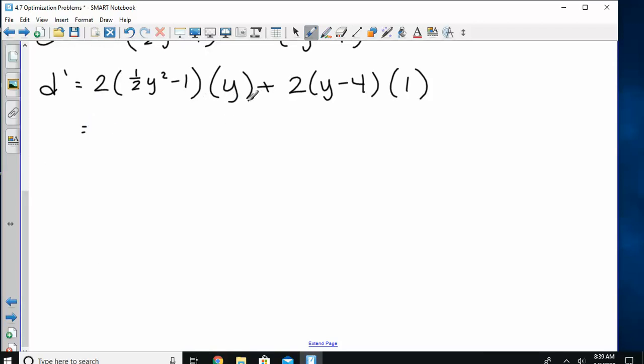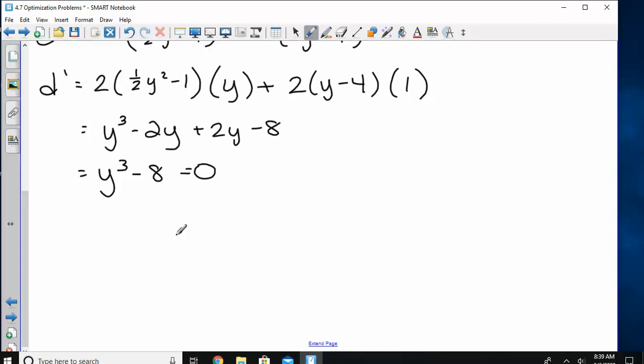So if I distribute a 2 and a y through this, I get y cubed minus 2y plus 2y minus 8. So y cubed minus 8, and I want this to equal 0.